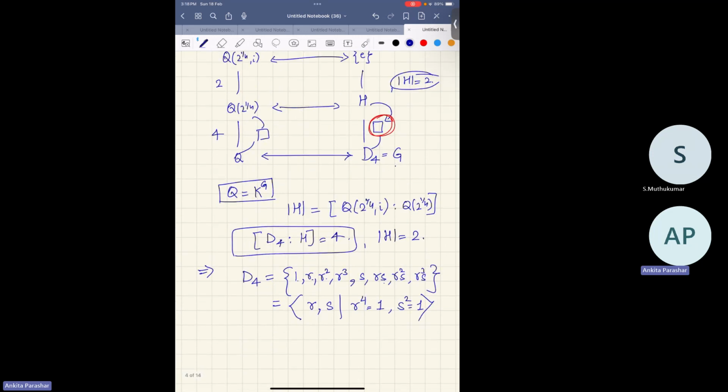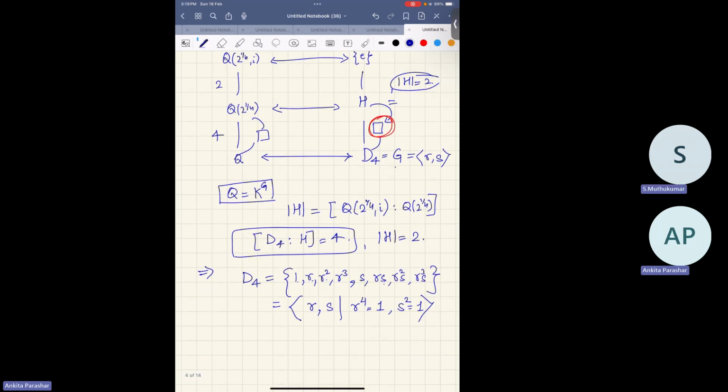So this lower group is generated by R comma S. And if we look at the order 2 subgroup inside it, then it has to be generated by S, right?